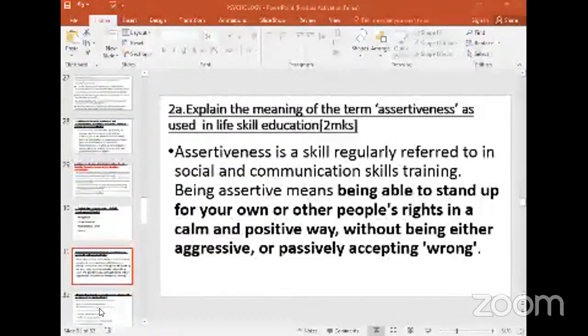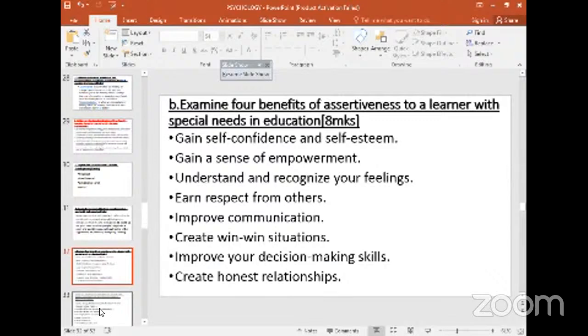And we also say that there are benefits of assertiveness to a learner with special needs. One, it makes the learner gain self-confidence.